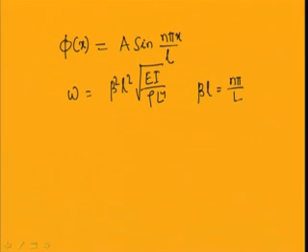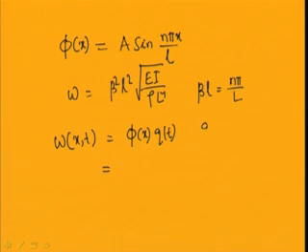Using these expressions you can write a simple code in MATLAB to simulate the vibrations of the simply supported beam. The vibration w x t will be phi x into q t, where q t is C1 sin omega t plus C2 sin omega t, and C1 and C2 depend on the initial conditions.